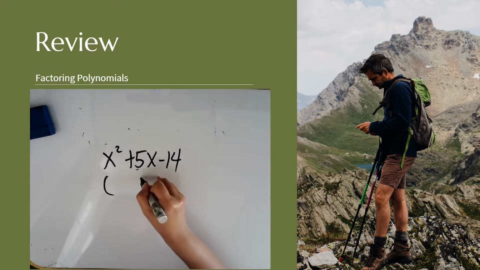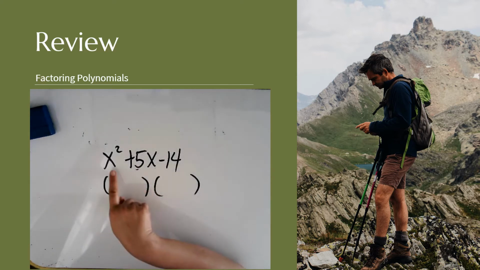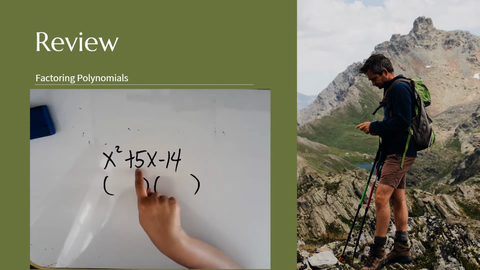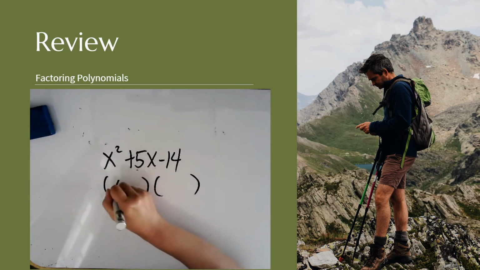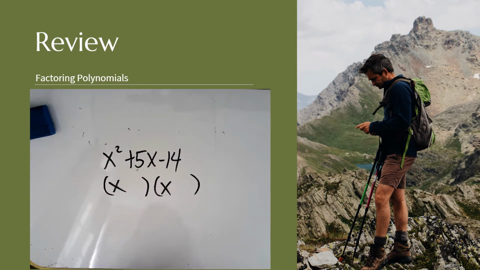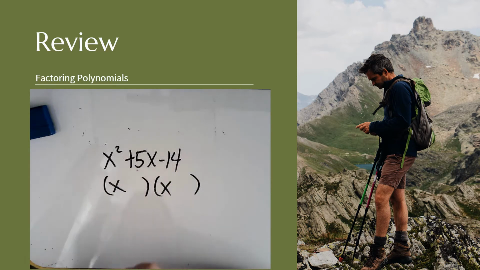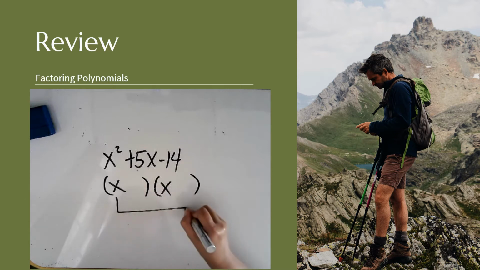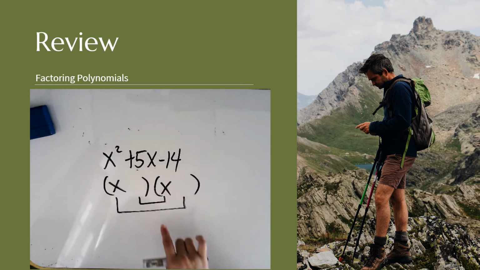So first, we look at the factors of the first term in this trinomial. The factors of x squared is x times x. Then we'll think of the factors of negative 14, wherein the sum of the extremes and the means must be equal to positive 5x.